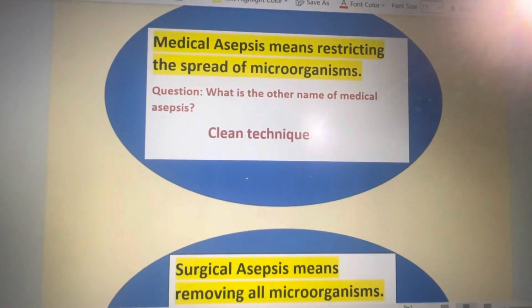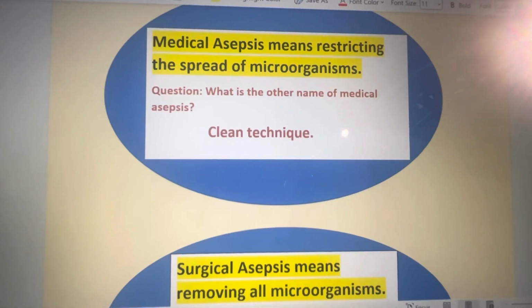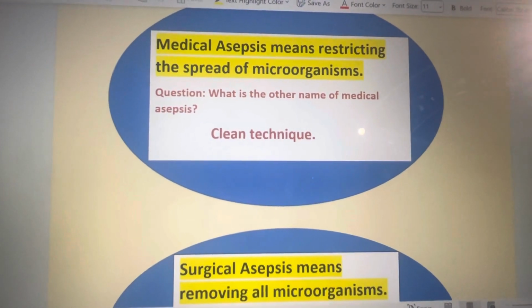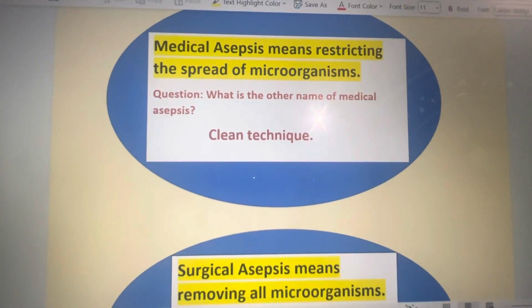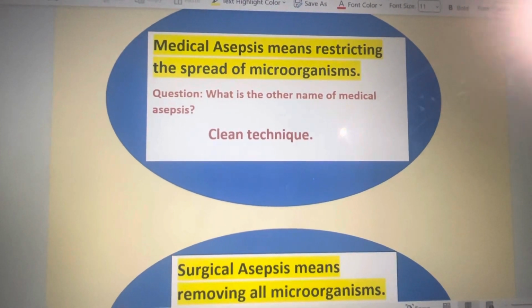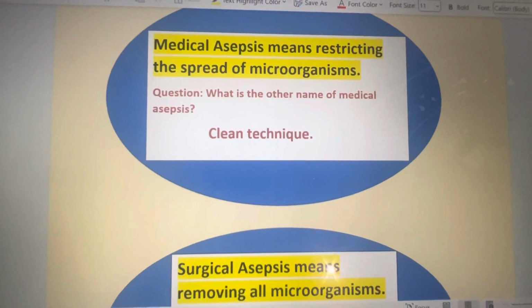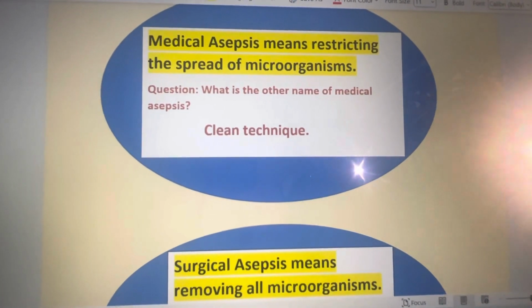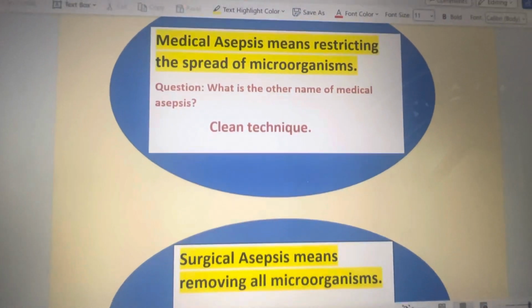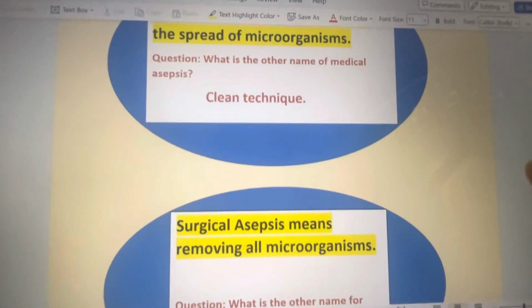And in medical asepsis, we are trying to restrict, to control the spread of microorganisms, but we are not able to remove all the microorganisms as we are able to do in surgical asepsis.